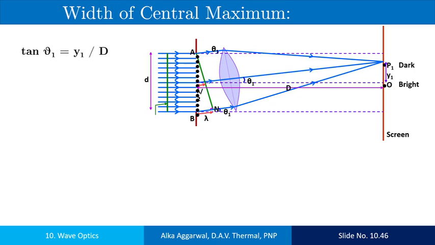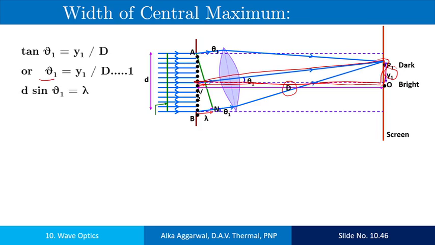Now tan theta 1 in this triangle is perpendicular upon base, equal to y1 by D, or theta 1 equals y1 by D, as theta is very small so tan theta is replaced by theta.